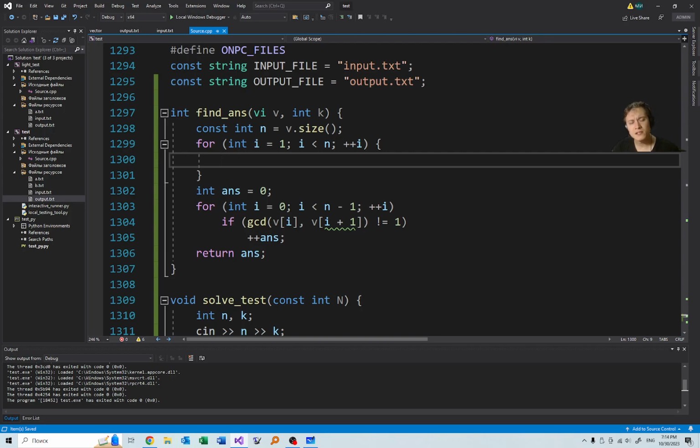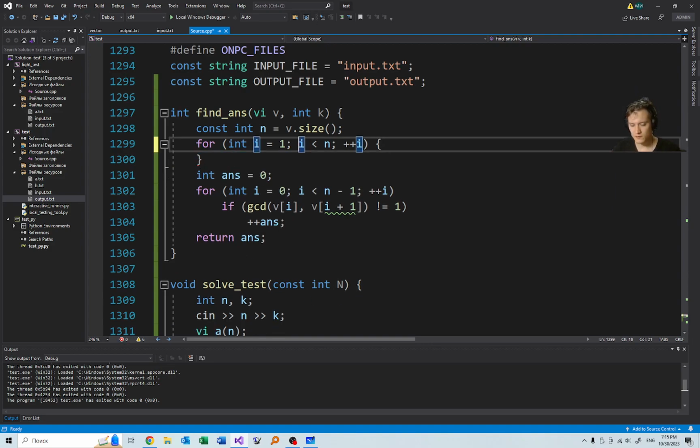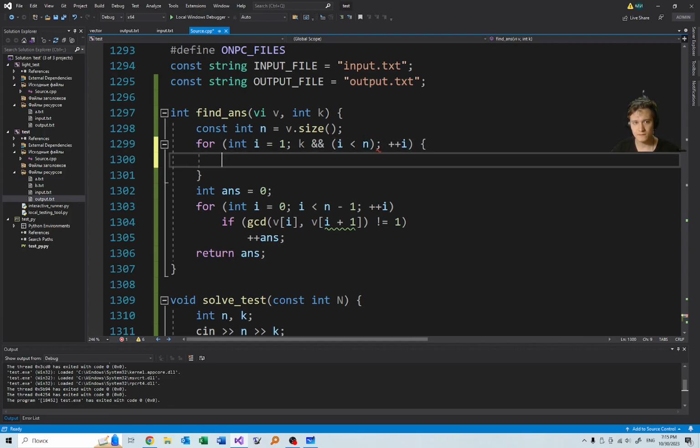So let's start with an easy case. So assume that v_i is not 1 and v_i minus 1.